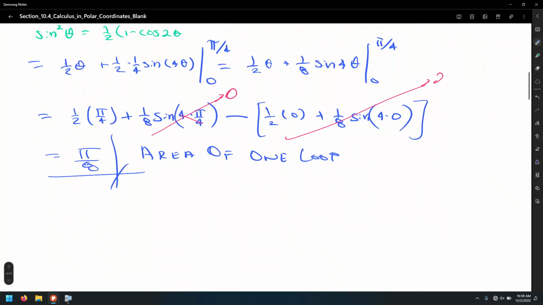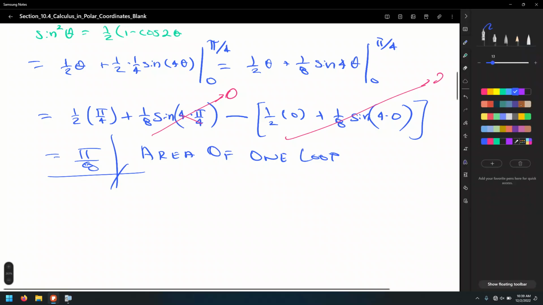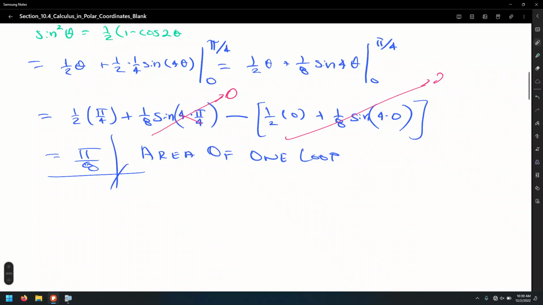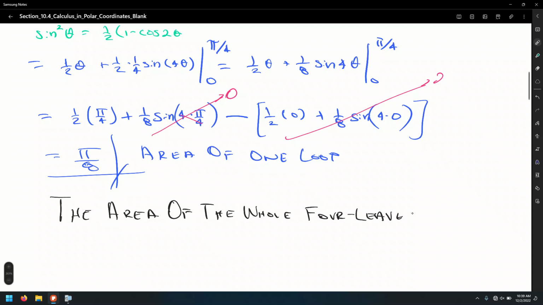Now, what if we wanted to know the area of the whole flower? What would you do to get the whole area? Multiply by 4, right?